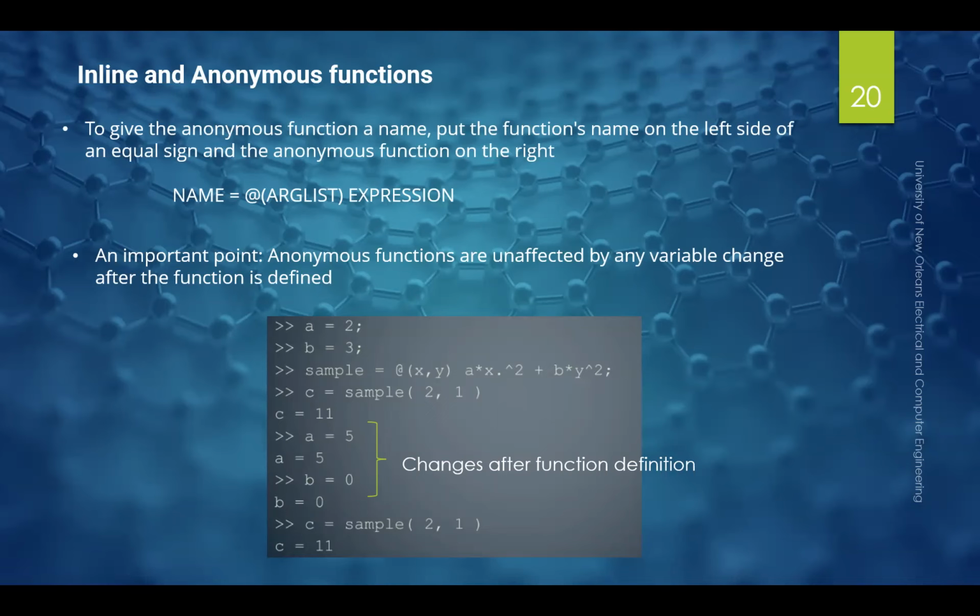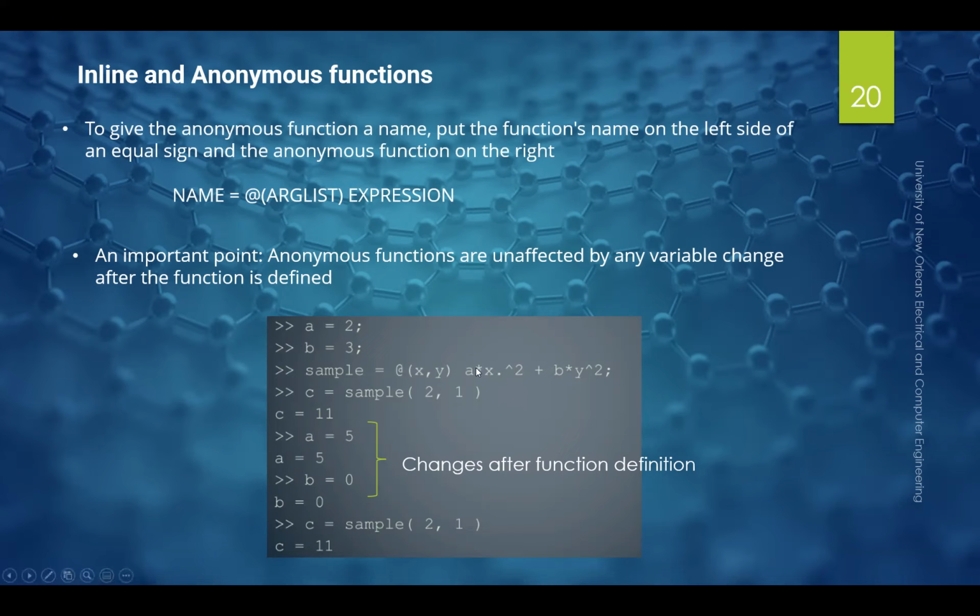And let's say we're going to use this function a lot of times. If you're not using a script or anything, you don't want to keep typing ax squared plus by squared every time you want to perform that operation, right? This is a simple example, but it goes into using it for more complicated cases.